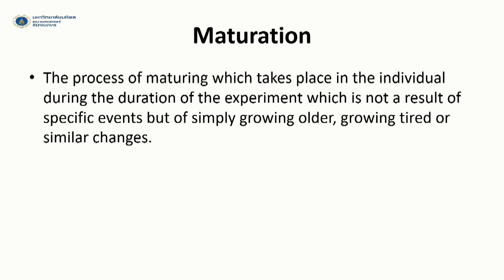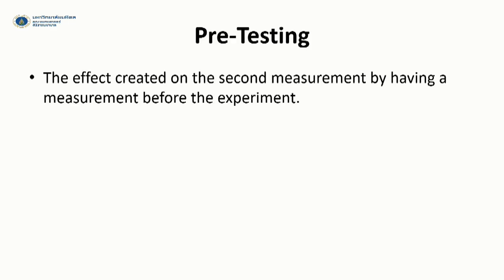You can't study for a long period of time because it can distort your outcome or results, both in the young generation and in the older generation. And pre-testing, the effect that it can create on the second measurement.